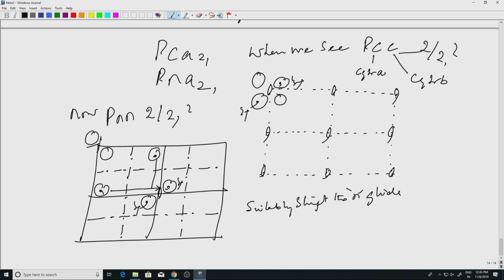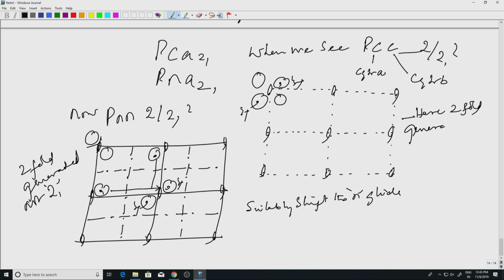So you get the two-fold generated, not 21. Here two-fold generated, not 21.